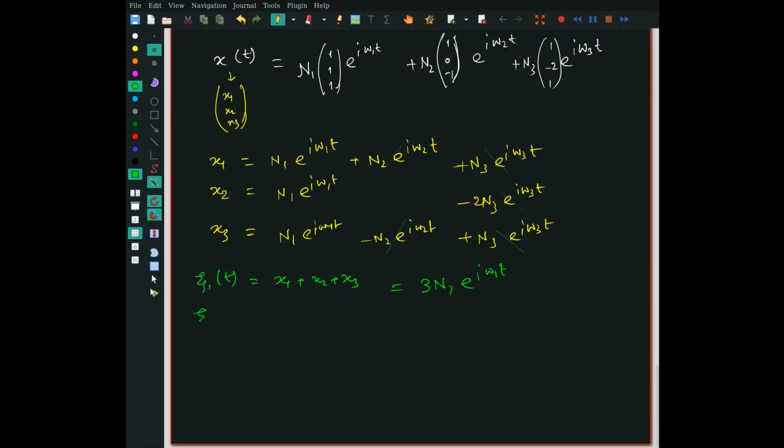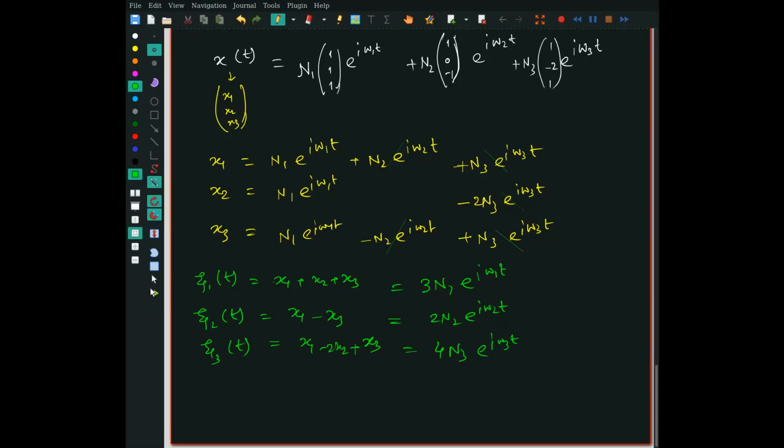Now, xi2(t) similarly would be x1 minus x3, and that would be given by 2n2 e to the power i omega 2t, and xi3(t) will be given by x1 minus 2x2 plus x3, and if you calculate, it would be 4n3 e to the power i omega 3t.